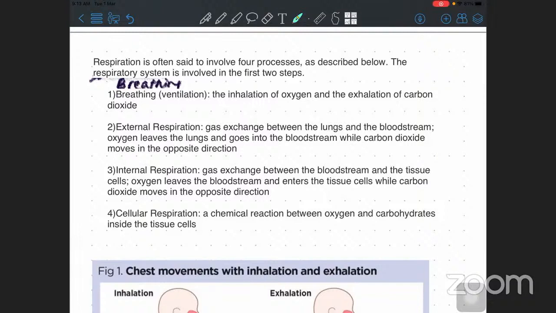Number 4 is cellular respiration, a chemical reaction between the oxygen and carbohydrates inside the tissue cell. Allow me to explain this one in detail.